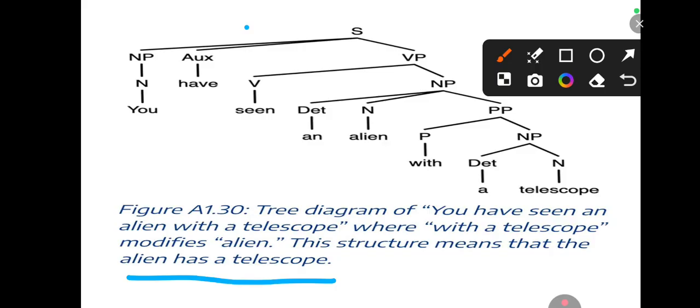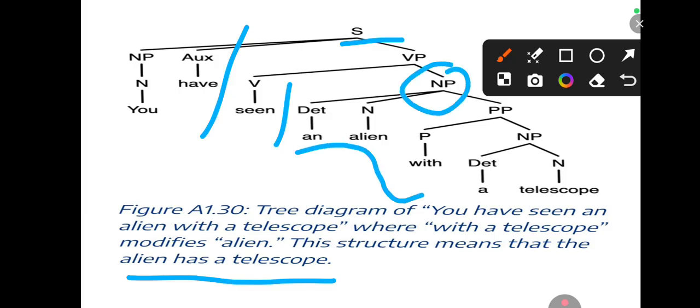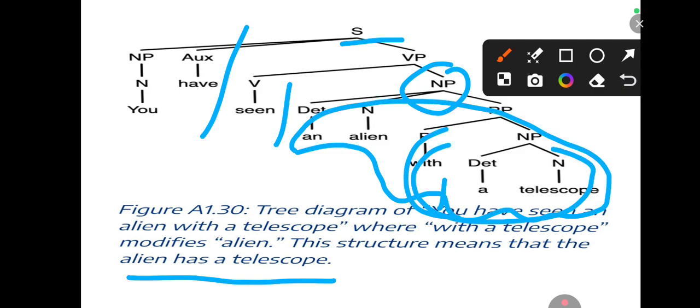That part will be common, you have seen. But after "seen", the whole "an alien with a telescope" is one unit, because this group of words is qualifying "alien".